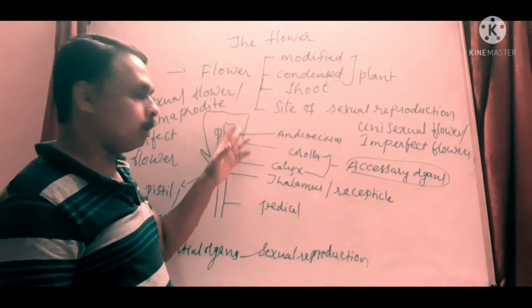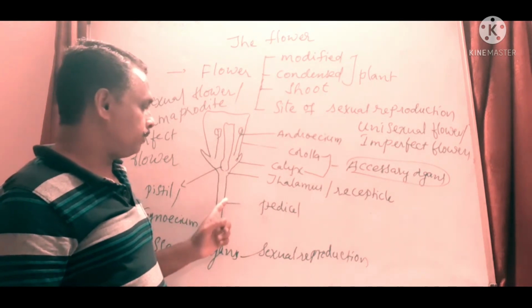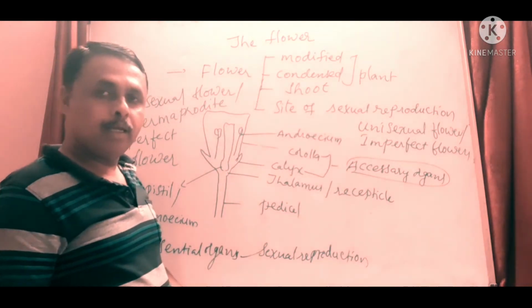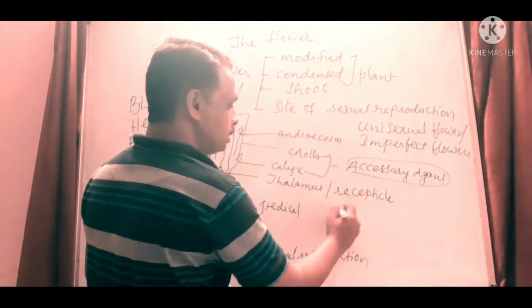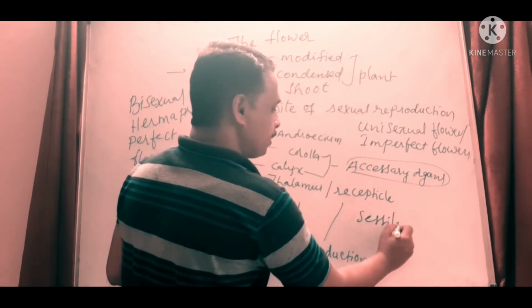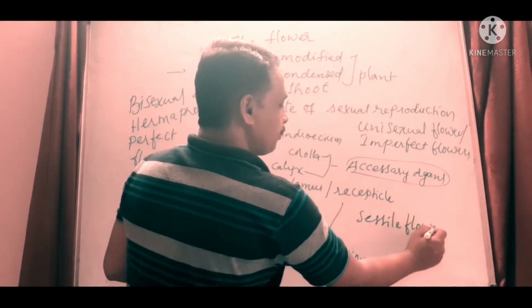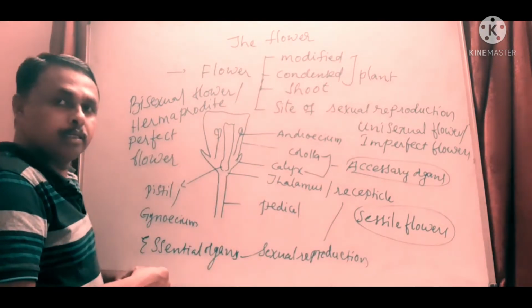The stalk of the flower is called pedicel. If pedicel is present, they are called pedicellate flowers. If pedicel is not present, they are called sessile flowers, otherwise called non-pedicellate flowers.